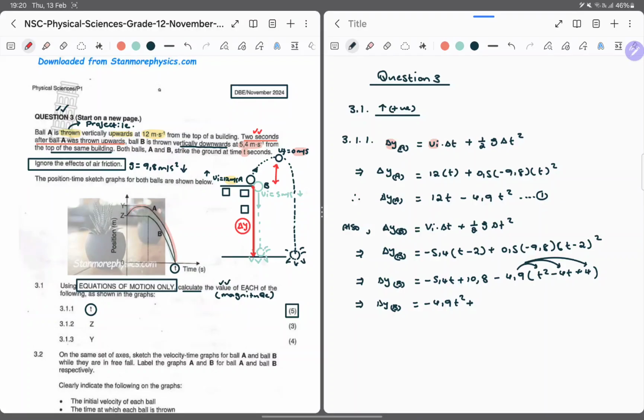Okay guys, I'm moving quick now. This is 14.6T. Then we get minus 19.6 plus 10 giving us minus 9.6. Of course you can go through the steps nicely, so we can make this equation 2.